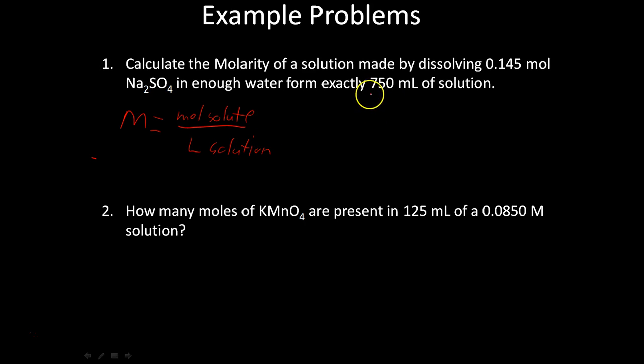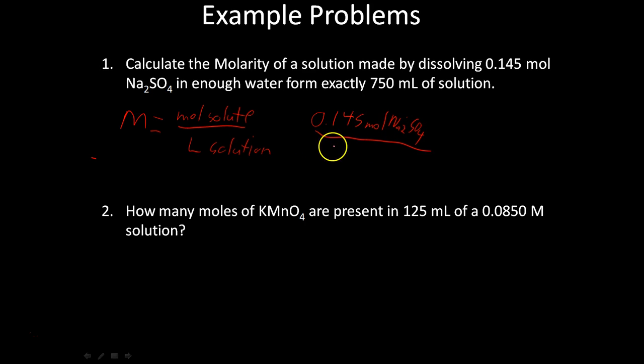Well, the volume is given here. That is the volume of the solution. Here's the moles of the solute. It's already in moles. So in order to calculate this molarity, we put in 0.145 mole of Na2SO4.